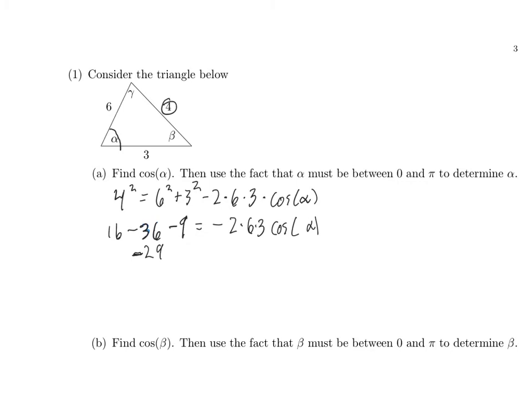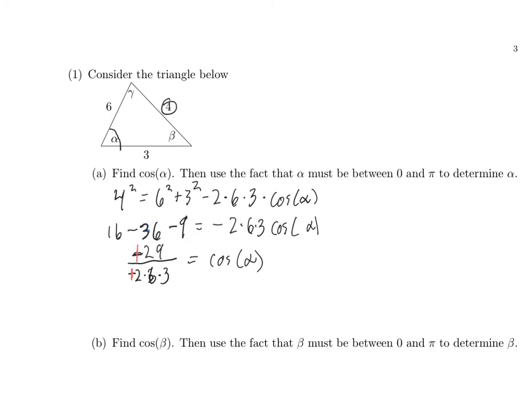Then I need to divide this over to the other side. Divided by negative 2 times 6 times 3. Is equal to the cosine of alpha. Now you want to simplify that fraction, but there's not much to do.